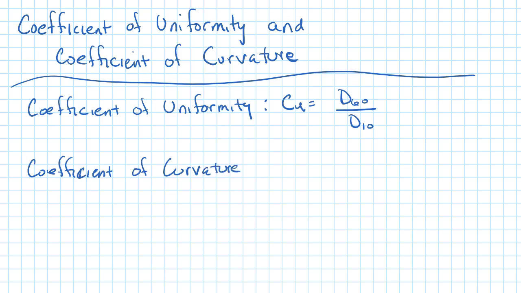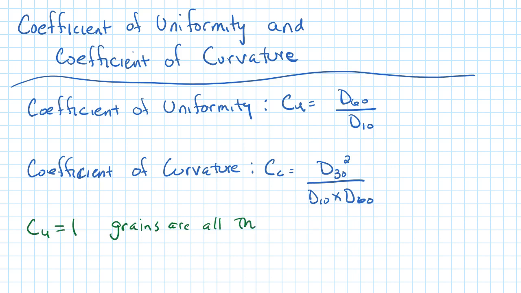Then the coefficient of curvature is calculated as the grain size where 30% is finer by mass, squared, divided by the grain size where 10% is finer by mass times the grain size where 60% is finer by mass.